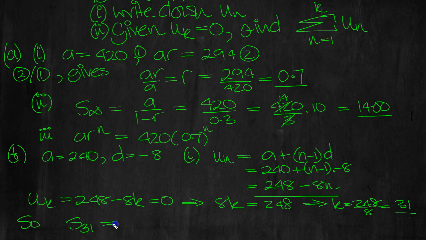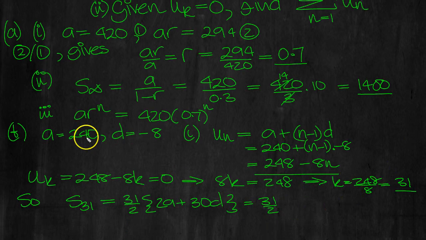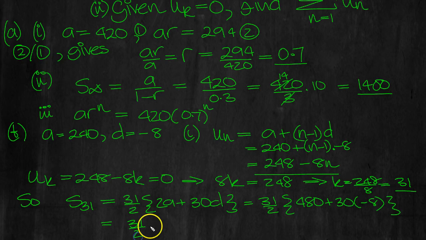S31 then is equal to n over 2, 31 over 2, 2a plus n minus 1, which is 31 minus 1, is 30, times d. 31 over 2 then, 2a, 480, plus 30d, 30 times the minus 8, which is the d. So we've got 31 over 2.